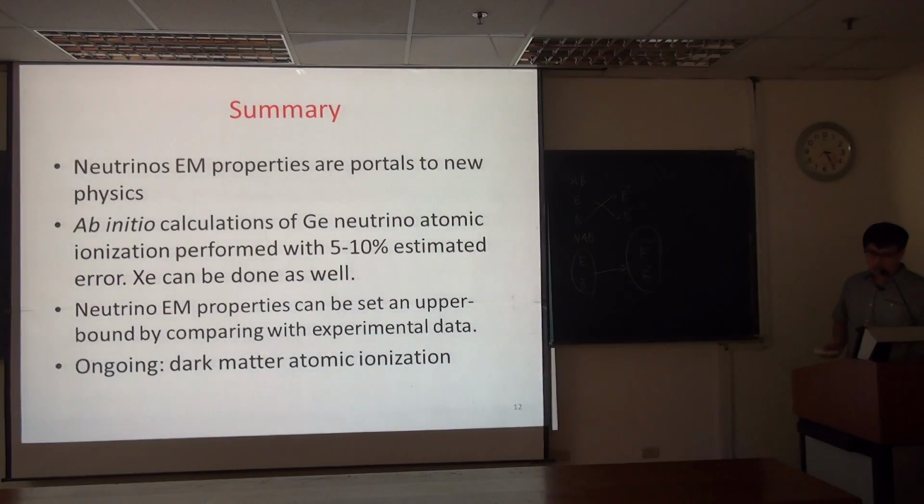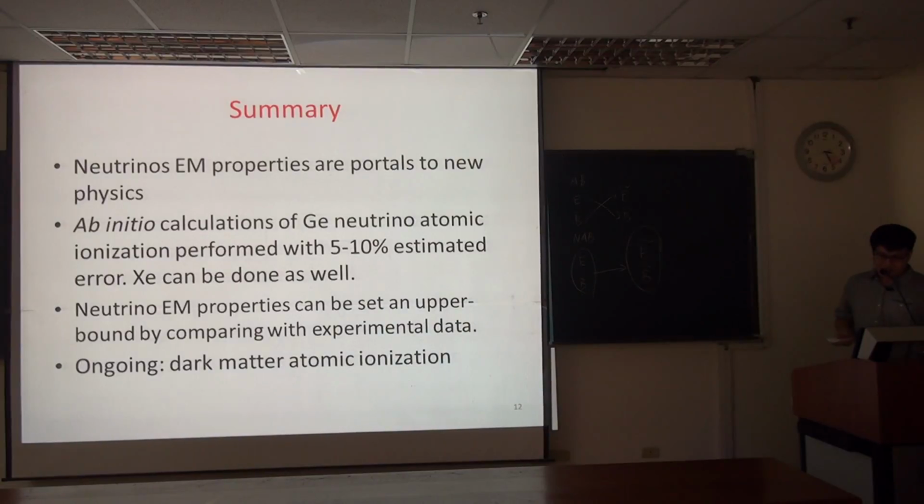So I go to the summary. Neutrino electromagnetic properties are proposed as a new physics probe. In this work, we provide an initial calculation of germanium neutrino atomic ionization with about 5 to 10 percent errors. And for another popular choice of detectors, xenon can be done as well.